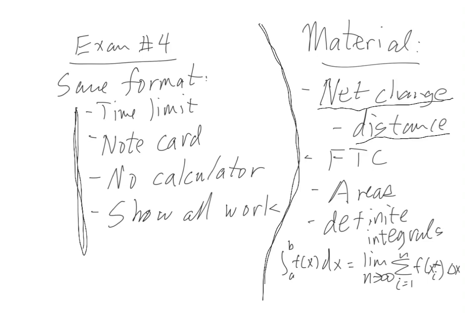But the material we have covered is, after net change, certainly the fundamental theorem of calculus, which says that we evaluate a definite integral through the use of antiderivatives. Examples coming. Of course, we use the whole idea of area to motivate integration, to lead us to a definite integral.